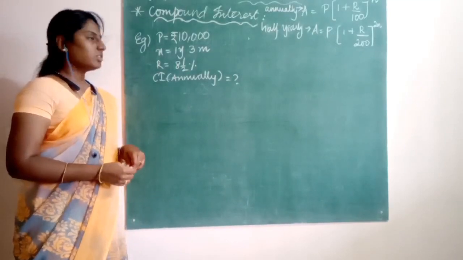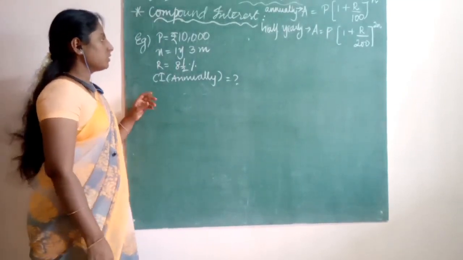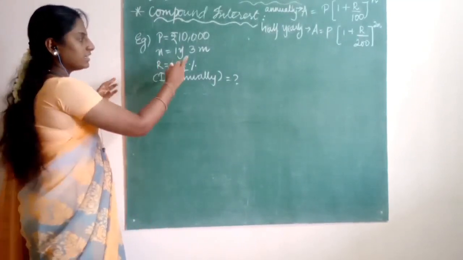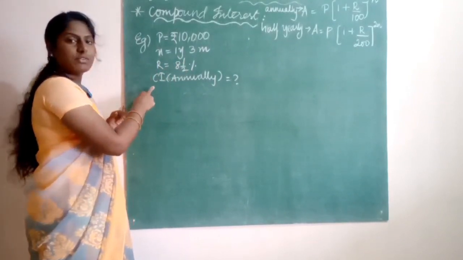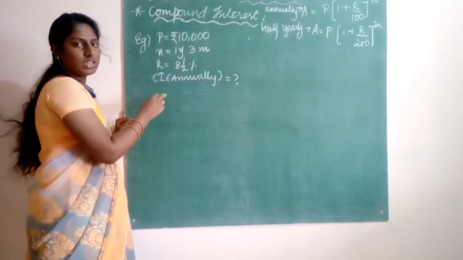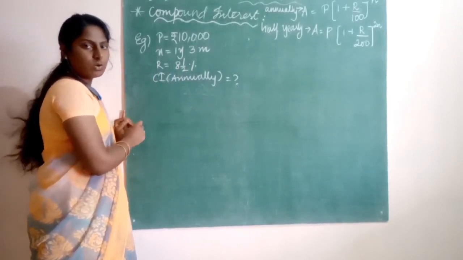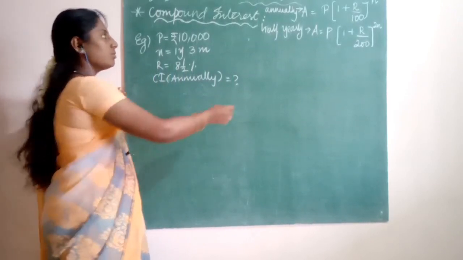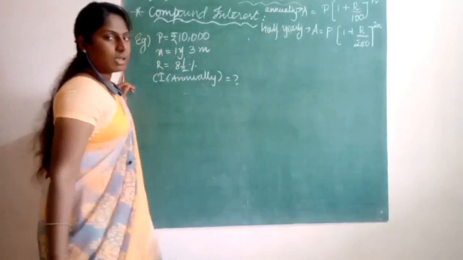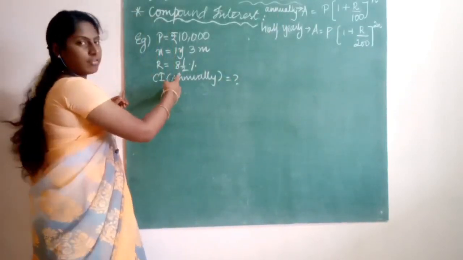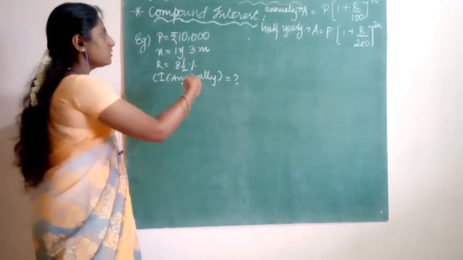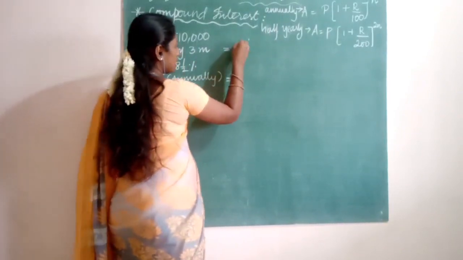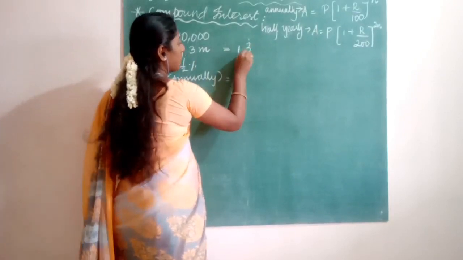The next question is, principal amount is 10,000 rupees and time is 1 year 3 months and rate of interest is 8.5, and we have to find the compound interest for annually. So this formula we have to use. But rate of interest is 8.5% and time is given as 1 year and 3 months. So this 1 year and 3 months can be written as 1 3/12.